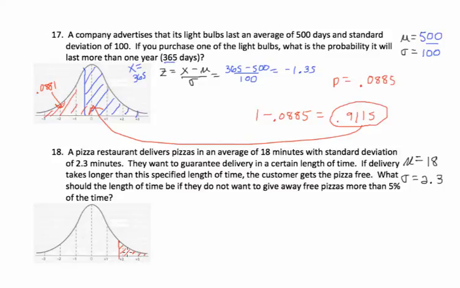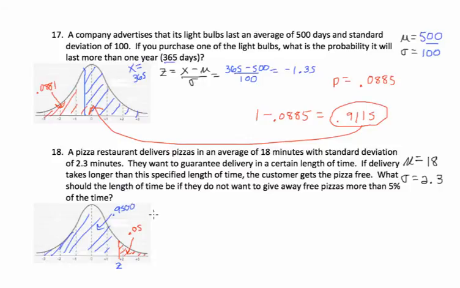So we want to find the z-score that matches up with 5%. But now actually, our tables give us the area to the left of that z-score. So if this is 0.05, 5%, then what's the probability that you're to the left of this phantom z-score that we don't know yet? Well, that would be 0.95, or 0.9500.